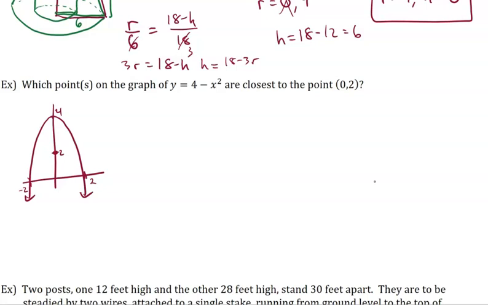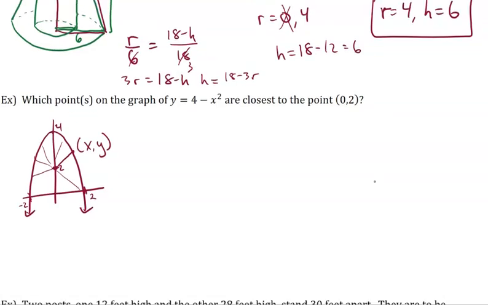Okay, so which points on these are closest to the point (0, 2)? So (0, 2) is right here. And so really what we're talking about is we want to know how far away are any of the points, and we could draw them anywhere, how far are they from that point (0, 2)? I'm going to call this point (x, y).